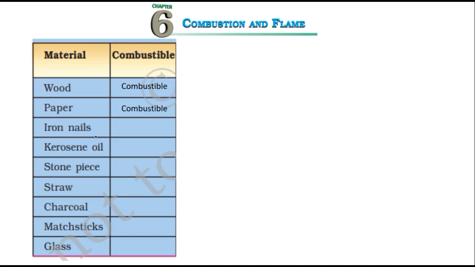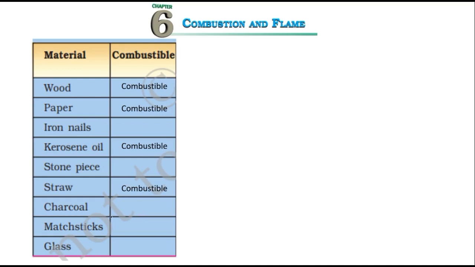Iron nails. We have not seen iron nails burning. Kerosene oil. We have seen kerosene oil burns, and that is combustible. Stone piece. It doesn't burn. Straw catches fire, and therefore it is combustible.